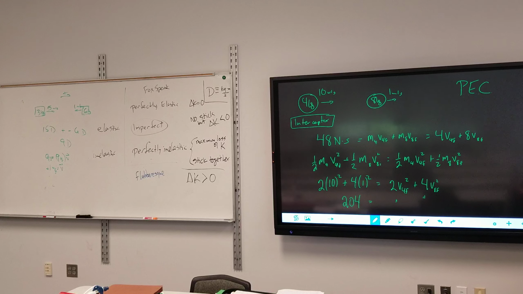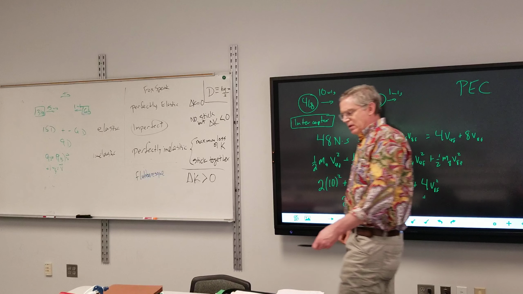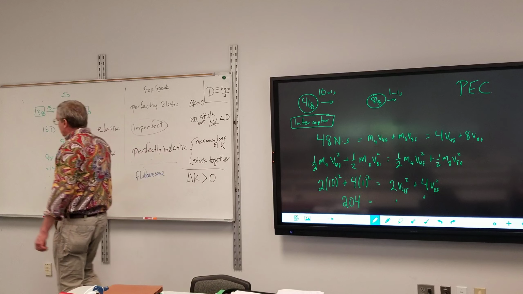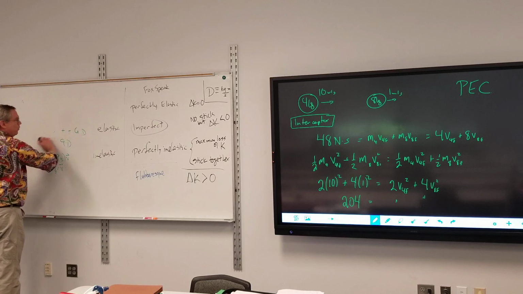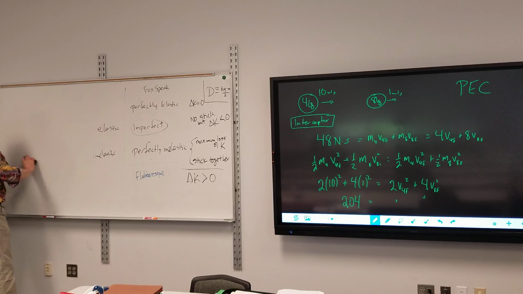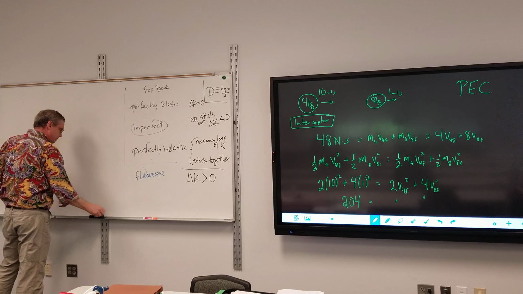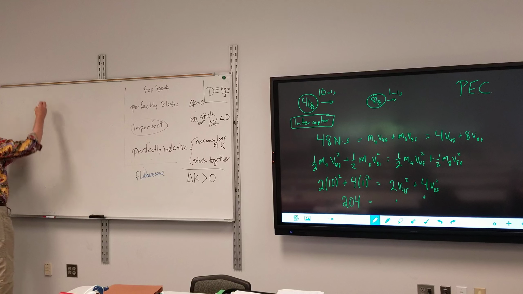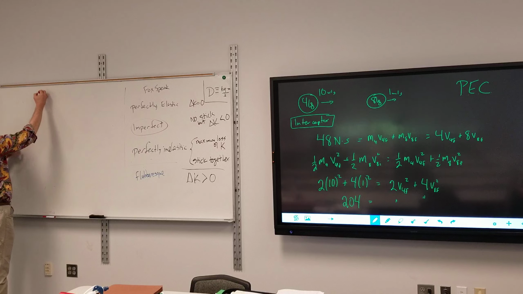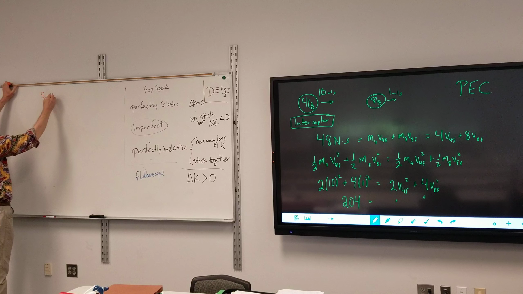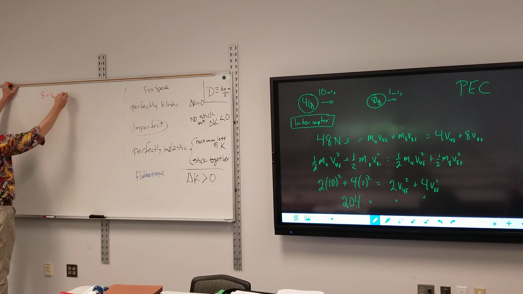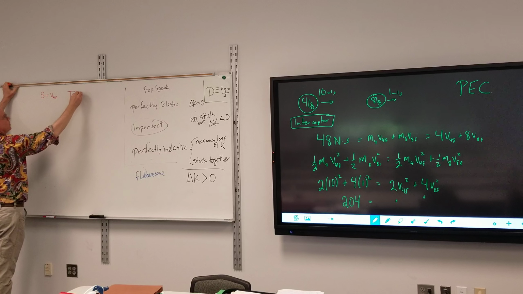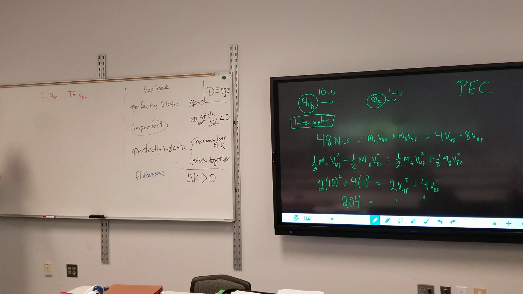Because there's a bunch of subscripts here, I want to be able to avoid some careless errors. So I'm just going to make a quick little substitution there. We're not using S, so how about we use S equal to v4f, and T equal to v8f, just so I don't have to keep writing subscripts.